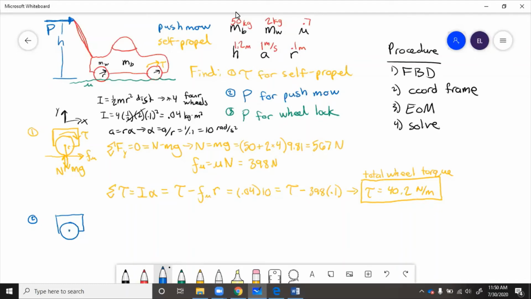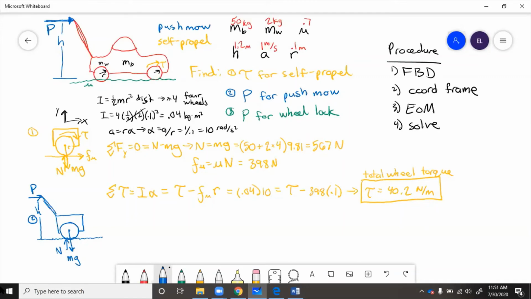So in this case, the person is going to be pushing with a force P at some height H. There's some friction on the ground, and we have mass times gravity going down, and then we have the normal force going up.